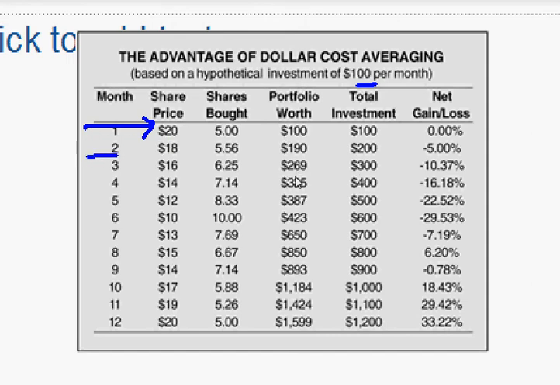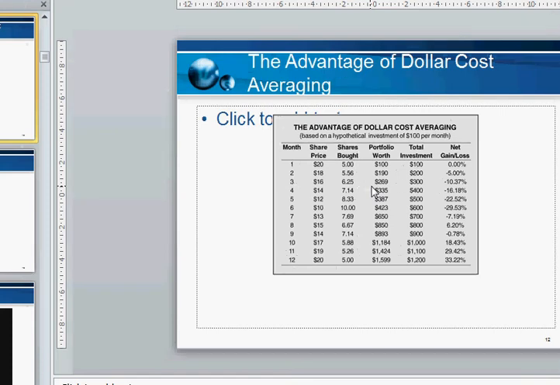The next time the price drops further, you get more shares, and as the price drops further and then slowly recovers, once it recovers back to even $17 from $20, you already have an 18% gain. If you recover back to $19, you have 22%, 29% gain, and then 33% gain. So we can see that if you are a long-term investor, it's a good way to do dollar cost averaging right now, in my opinion.